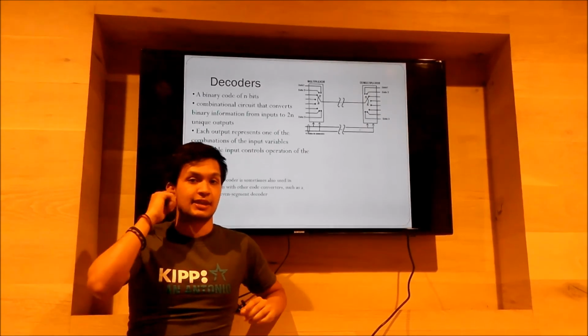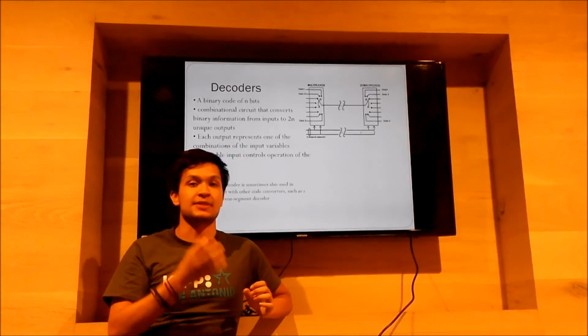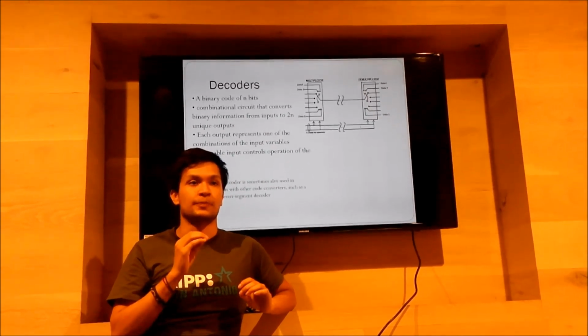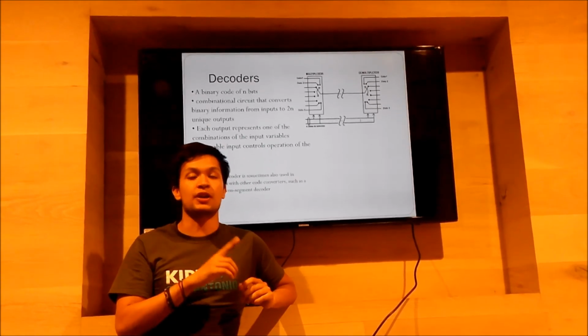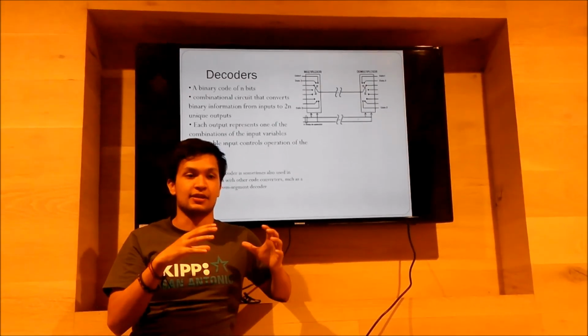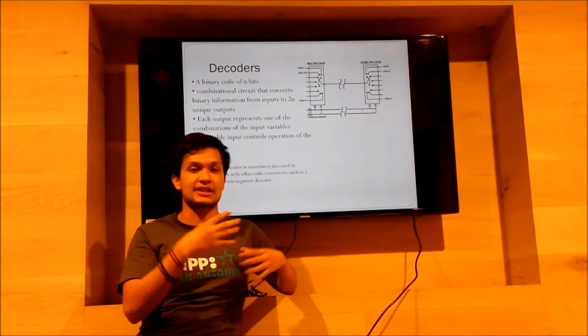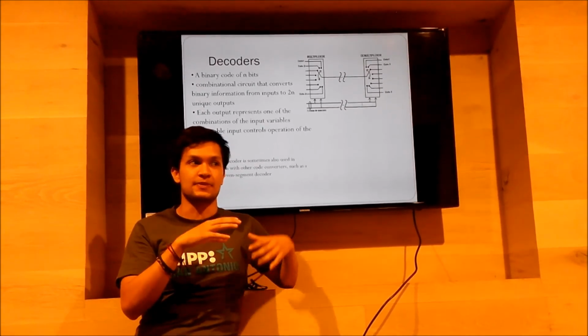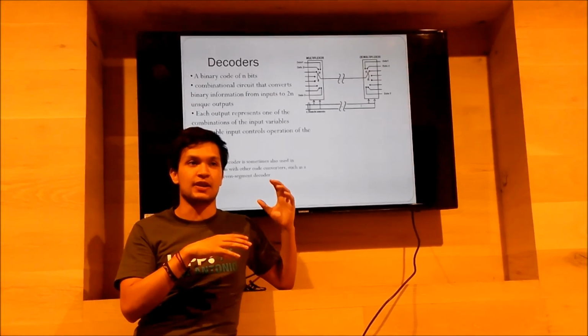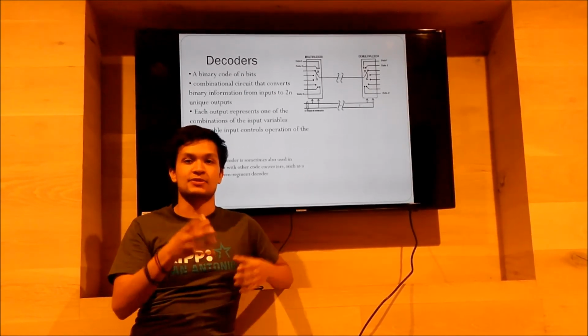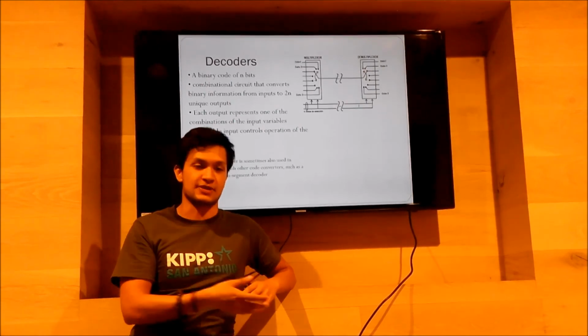It allows systems to send information through just one wire, and then all the information is translated through the multiplexer and sent back to the computer to be processed.